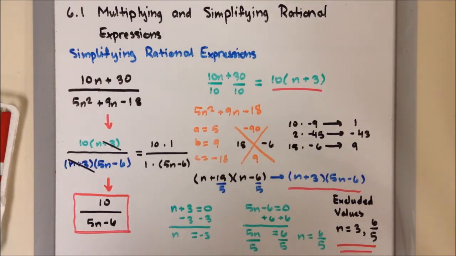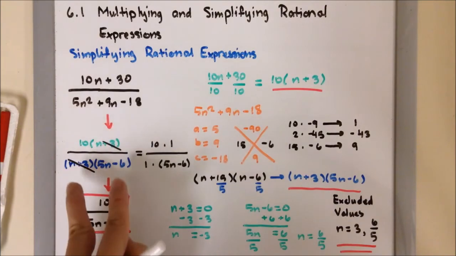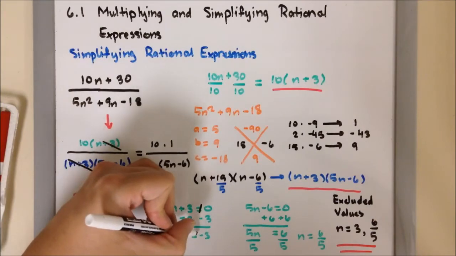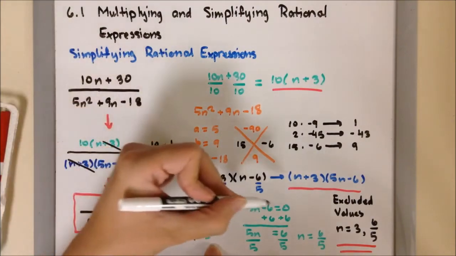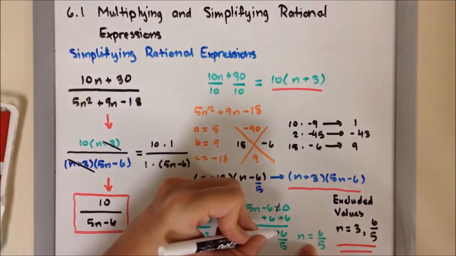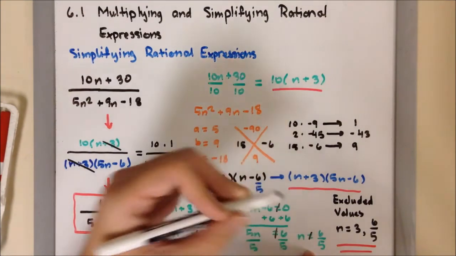If you read a question like that, saying again, what values can the denominator not equal, then after you factor, you say n plus 3 cannot equal 0, therefore n cannot equal negative 3. 5n minus 6 cannot equal 0, so therefore n cannot equal 6 over 5.